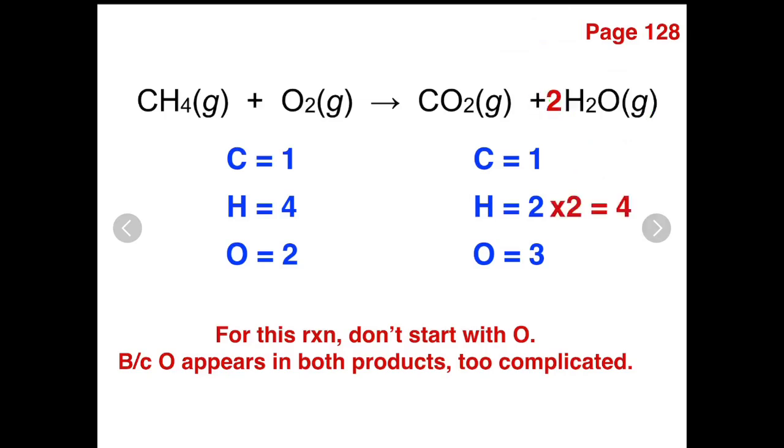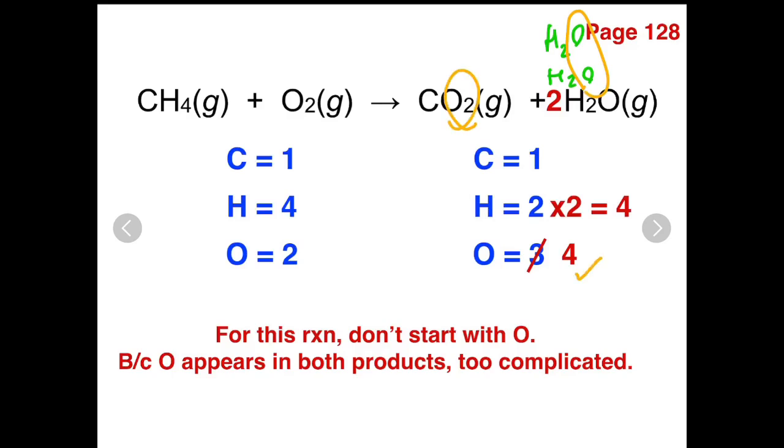If you add 2 in front of water, you now have 4 hydrogen total, right? How many oxygen then? Oxygen now is going to be 4 too, because you have 2 from here and 2 from water as well. Because you have 2 molecules of water, the total number of hydrogen would be 2 and then add 2 from here, so the total would be 4.